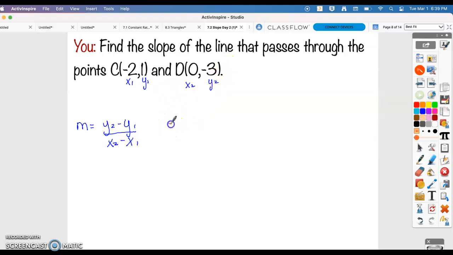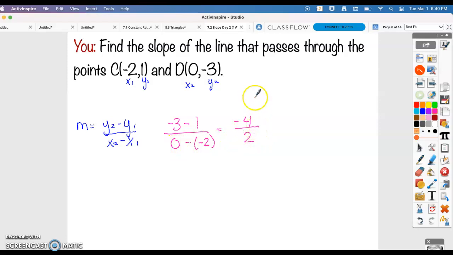So my y2 is negative 3 minus my y1, which is 1, x2 is 0, minus a negative 2. And you notice whenever I have minus a negative, I always put that in parentheses. So we have 3 negatives, 1 negative, that's 4 negatives. When you have these 2 negatives together, that becomes a big plus. So 0 plus 2 is 2.